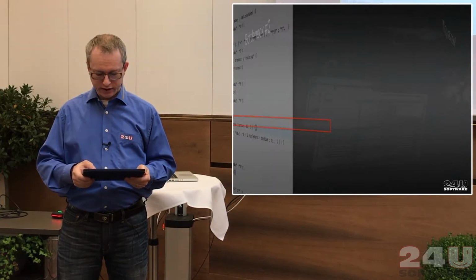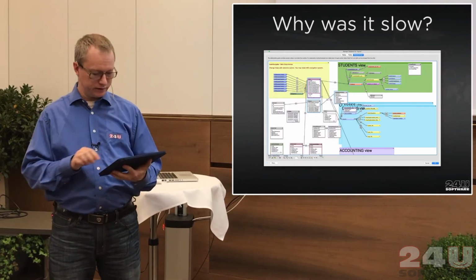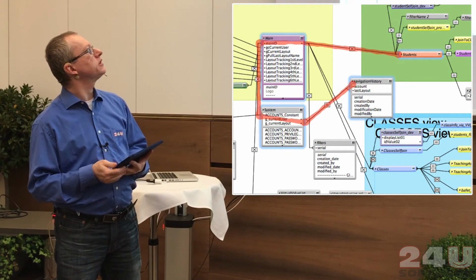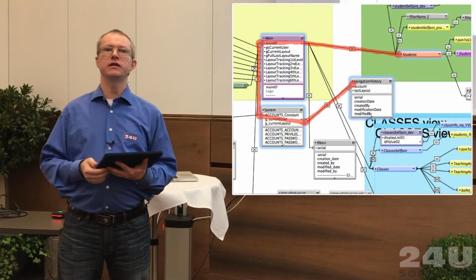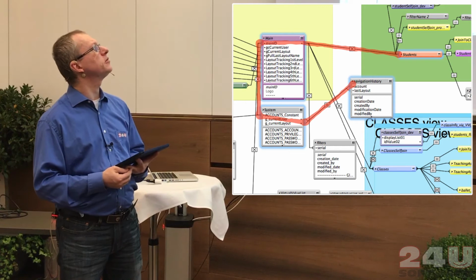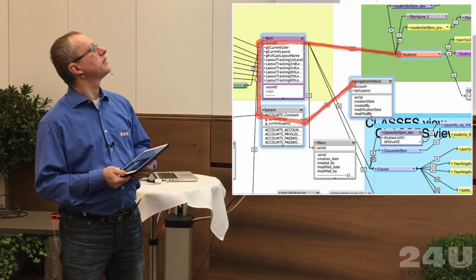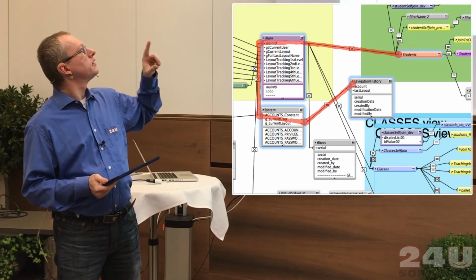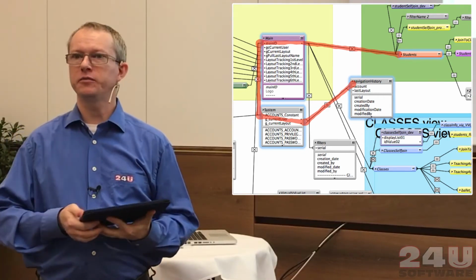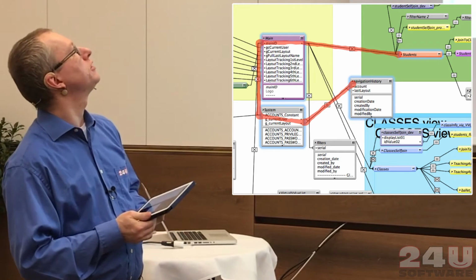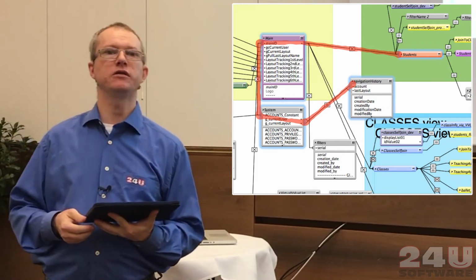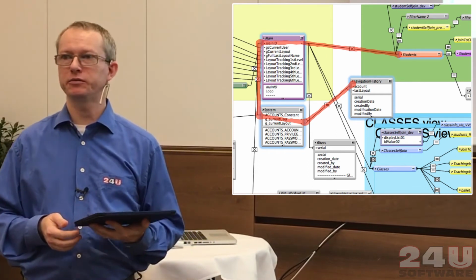The reason why this was slow, which we identified, was this relationship. The current layout was based on the students table, and the navigation history was 3 relationships away from the current layout, and 2 of those were not simple one-to-one relationships, but used complex predicates.